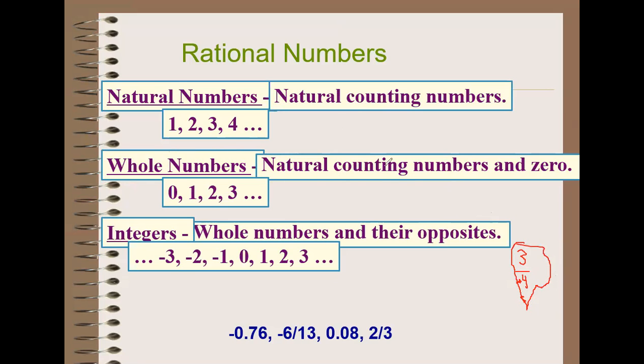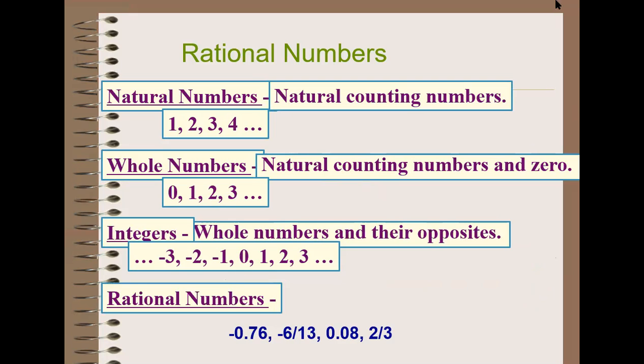Then we go to the whole numbers. Could you please accept 3 over 4? No, it's a fraction, so we can't accept it. Let's go to the integers. Can we put 3 over 4 in your set of numbers? They are going to say no. So what does the fraction need? The fraction needs a new set of numbers. So we are going to make a new set of numbers.